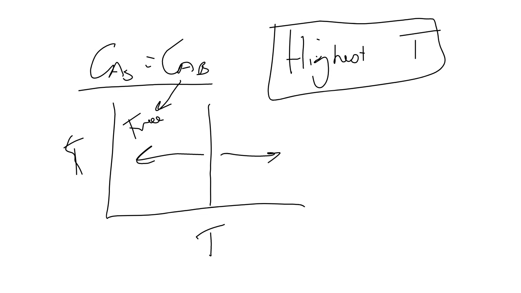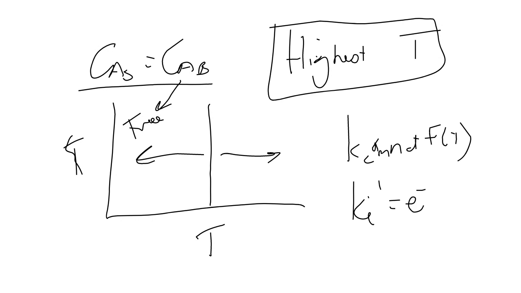And then because Kc is not really a function of temperature, but the Ki dash follows the Arrhenius temperature dependence, it means that the delivery of reactant to the surface may not be able to keep up.